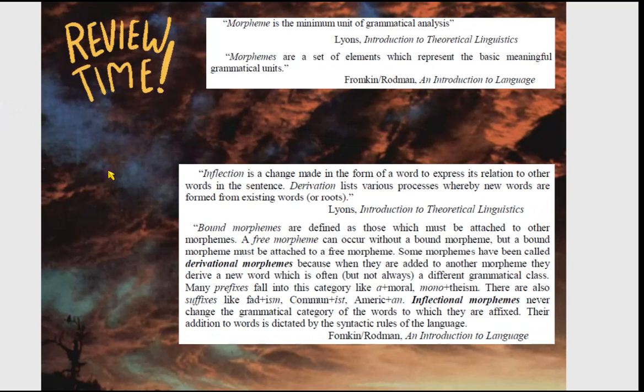For the review time, there are some key definitions. What a morpheme is. We have two definitions. What inflection and derivation are, both processes. Bound and free morphemes. I encourage you to pause the video so that you can take notes. Please do that.